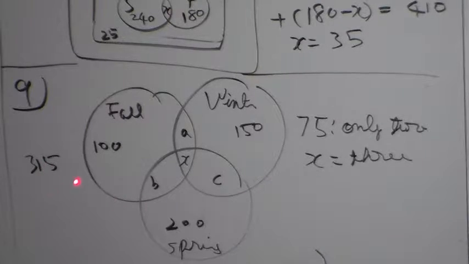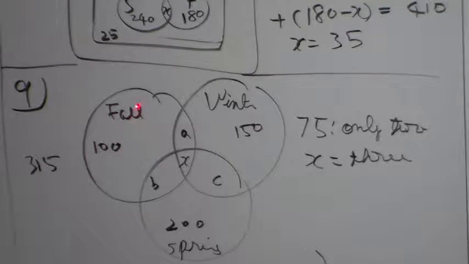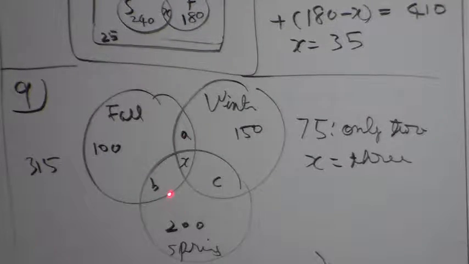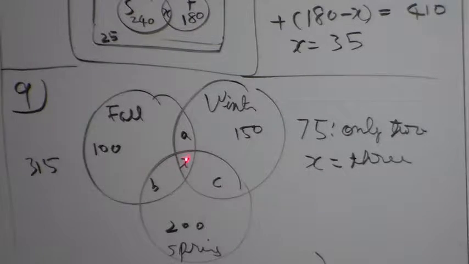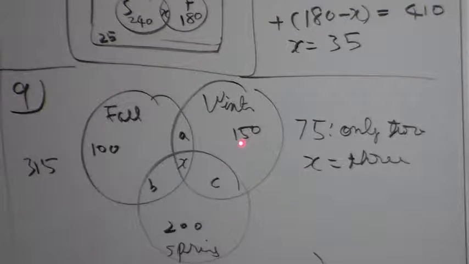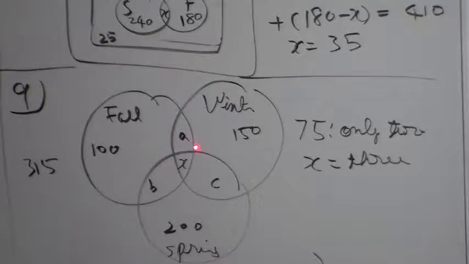That means some fall sports students are also involved in winter and spring, and x of them are in all 3: fall, winter, spring.